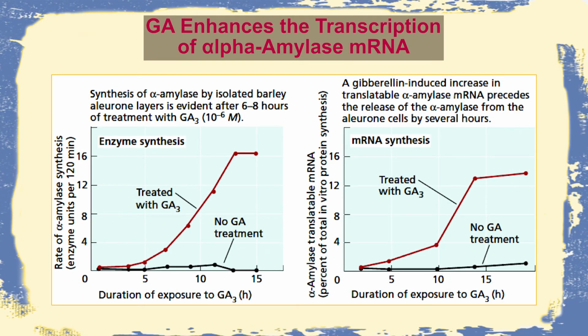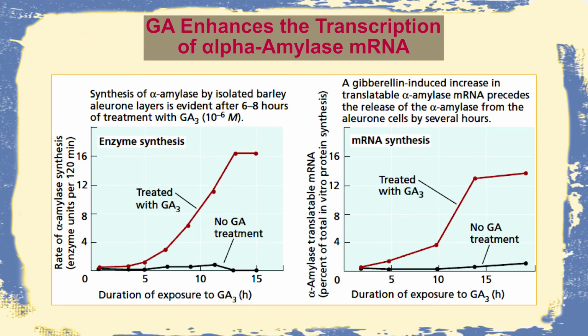Upon gibberellin application, there is a dramatic increase in the enzyme level, particularly alpha amylase, RNase, DNase, protease, etc. in the aleurone cells. This is preceded by a parallel increase of mRNA for these enzymes. Thus, gibberellin transcriptionally activates the genes for these hydrolyzing enzymes.